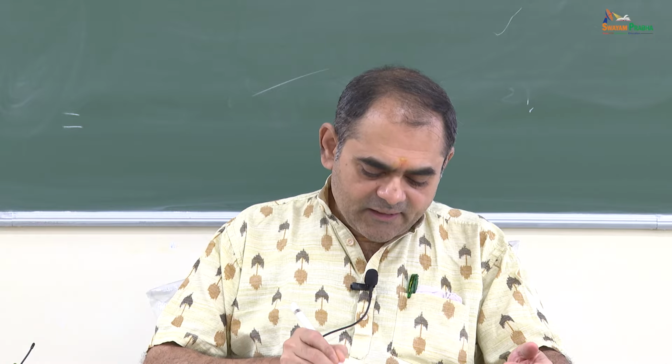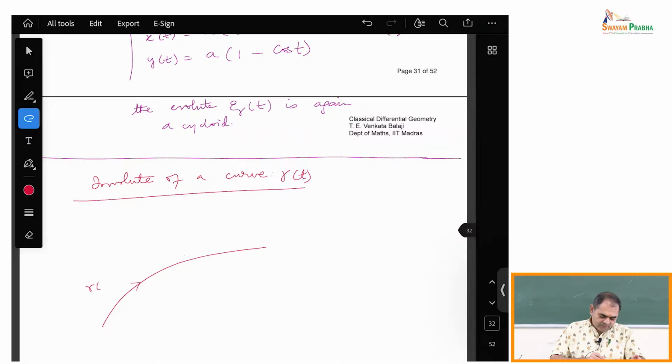The picture is like this. I have this curve, this is gamma of t. Here there is a point p naught. Fix this point.